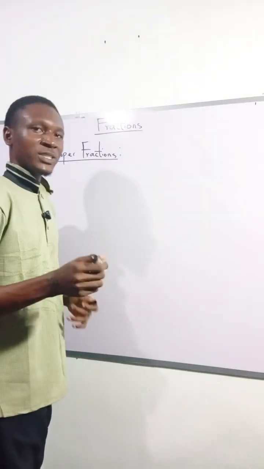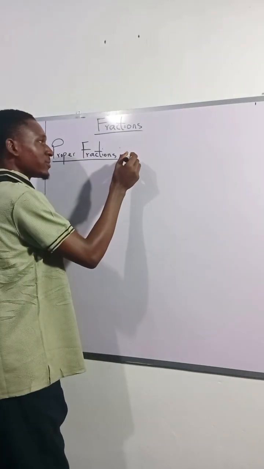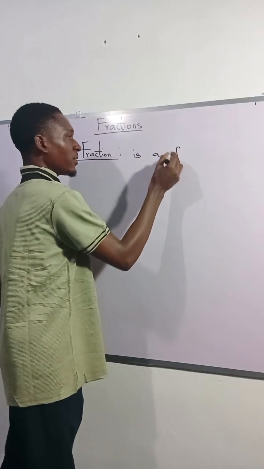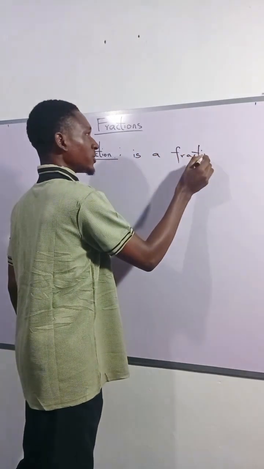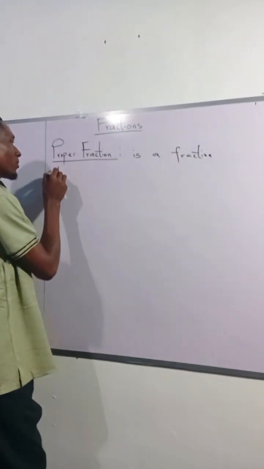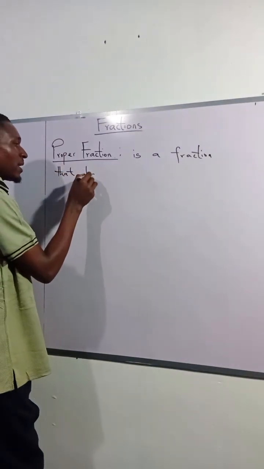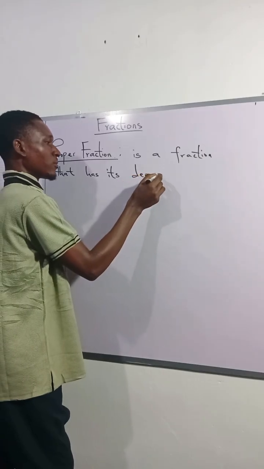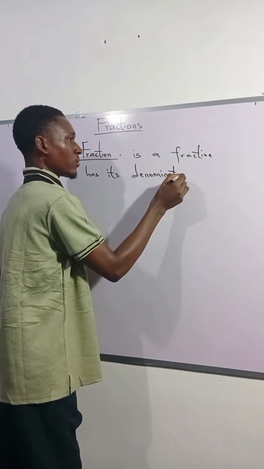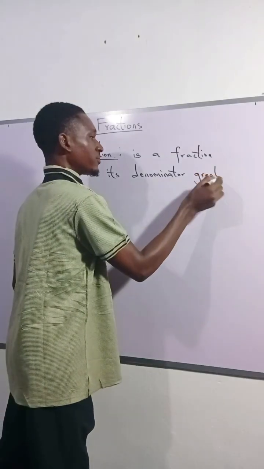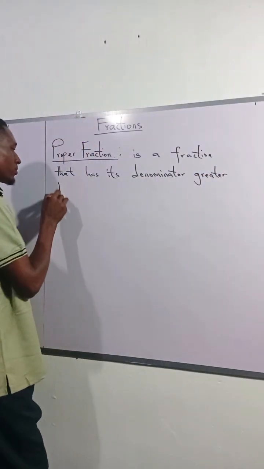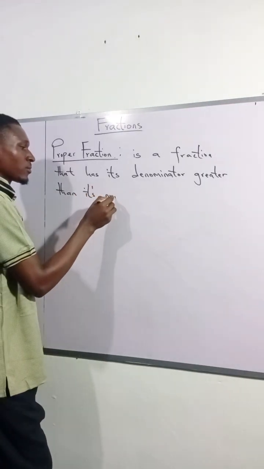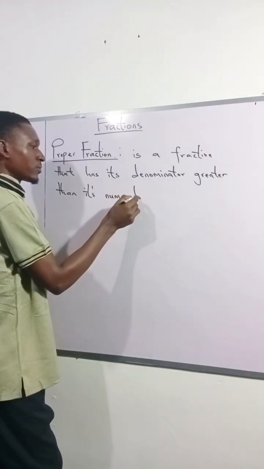So when you are defining it, you say a proper fraction is a fraction that has its denominator greater than its numerator.